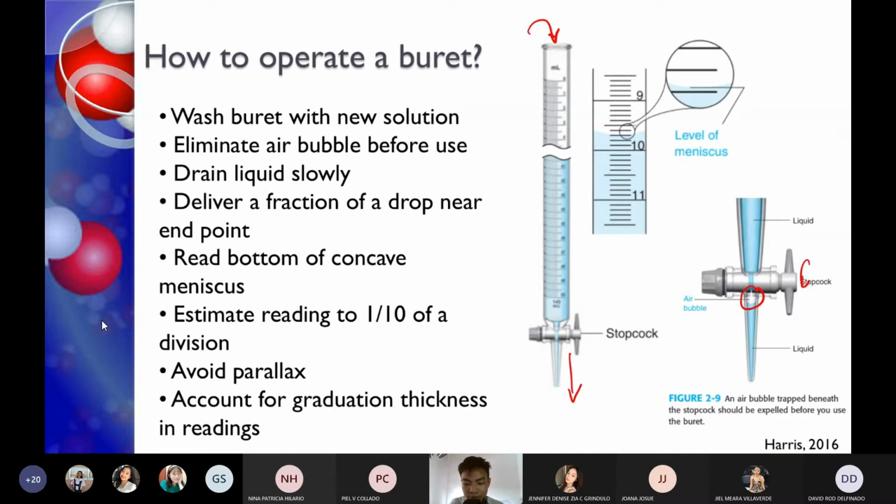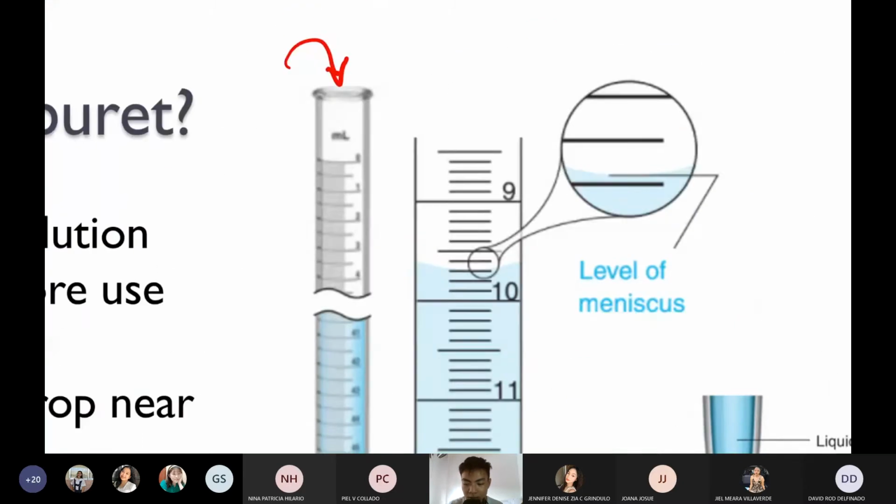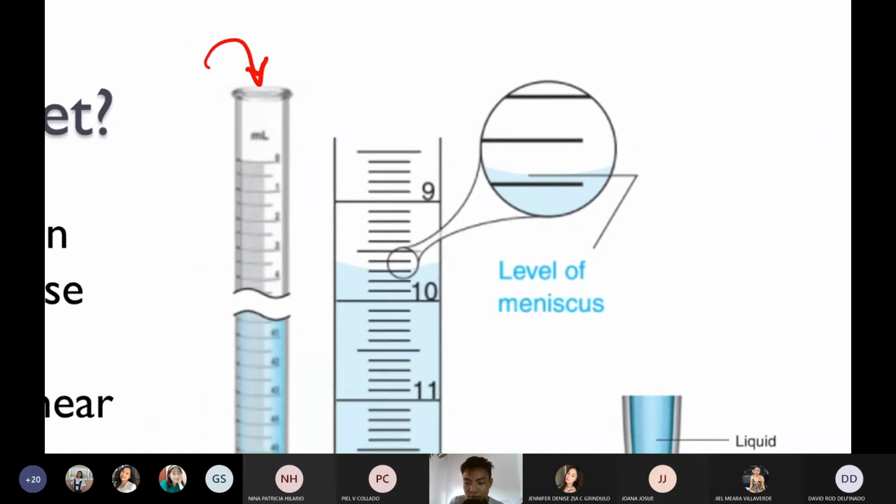Okay, so also since this is a volumetric instrument, meaning it deals with liquids, no, you have to read the measurement sa lower meniscus parati, no. So for example, kasi ganun yung liquids talaga, nagko-concave meniscus yan, 'di ba? 'Di ba sabi natin last time dalawa yung uri ng meniscus, convex and concave depending on the intermolecular forces, no.